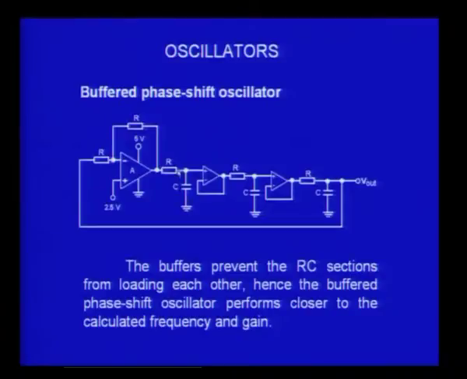So, this way I isolate segments from the other, and thereby I have used 2 isolators here, the buffers. When I now measure the phase shift due to each of the RC networks, you would find it will exactly be 60 degrees for a given frequency. So, this is what is called the buffered phase shift oscillator.